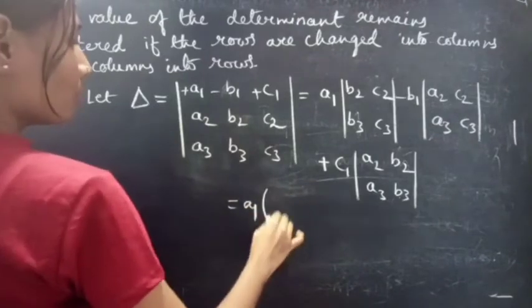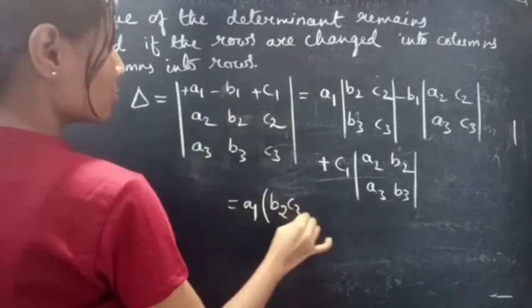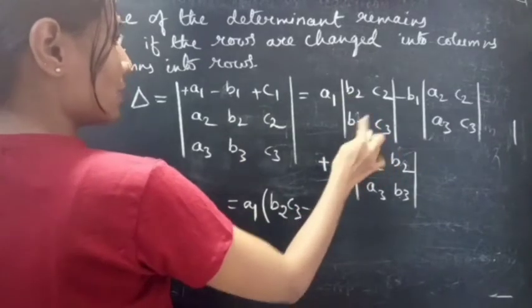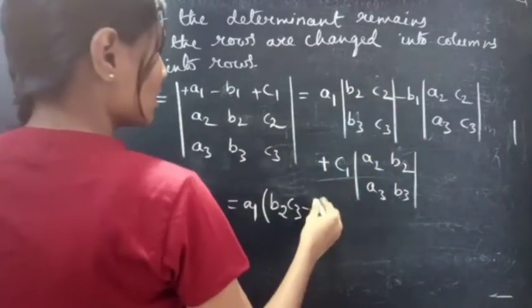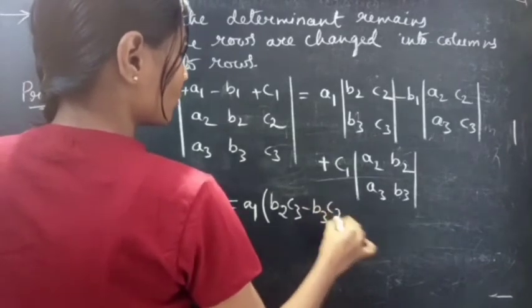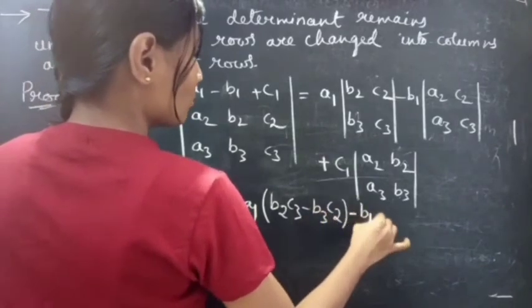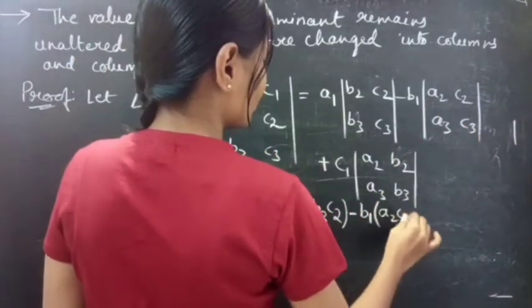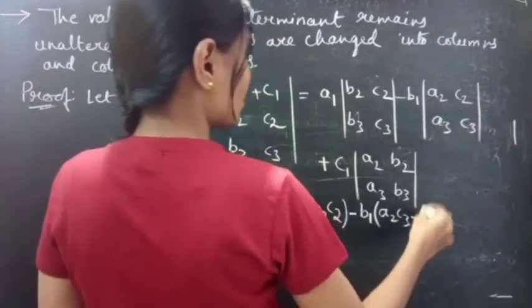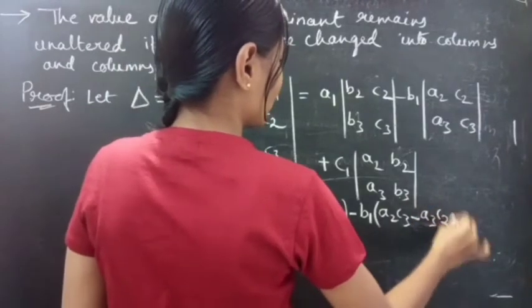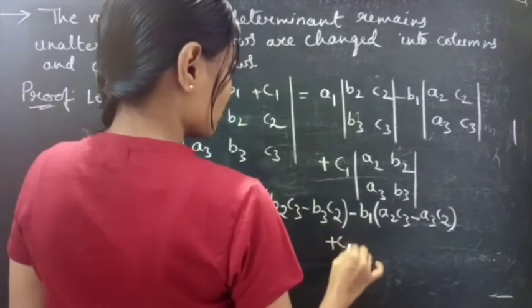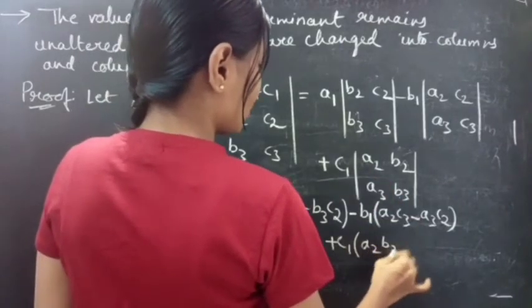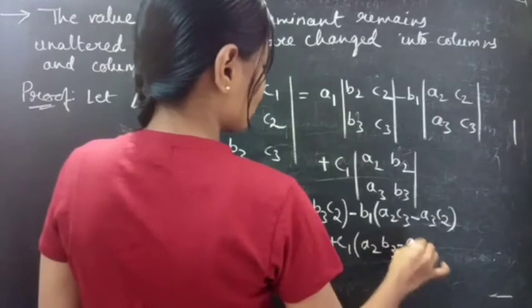So this is equal to A1 into (B2 C3 minus B3 C2), minus B1 into (A2 C3 minus A3 C2), plus C1 into (A2 B3 minus A3 B2).